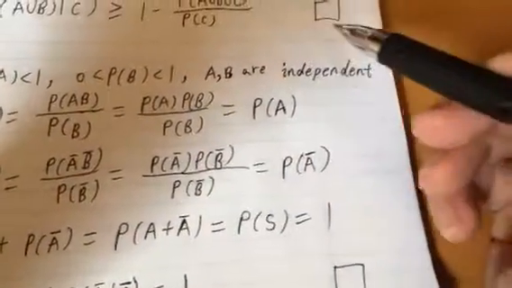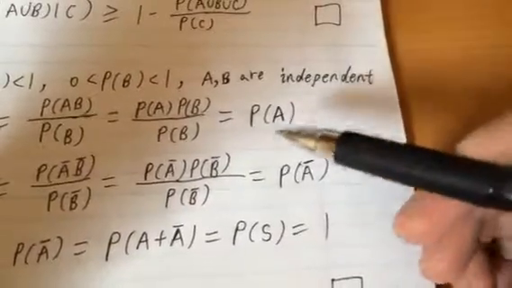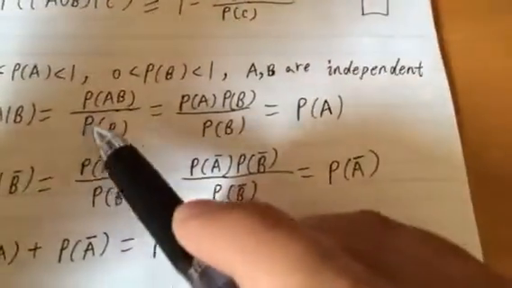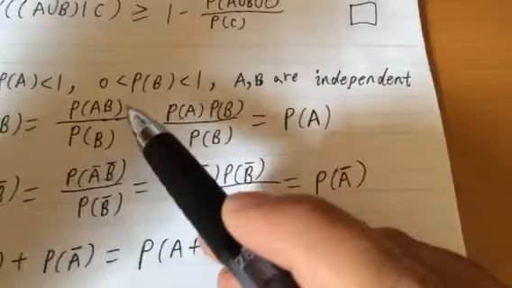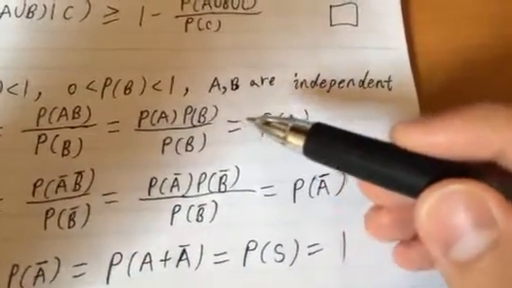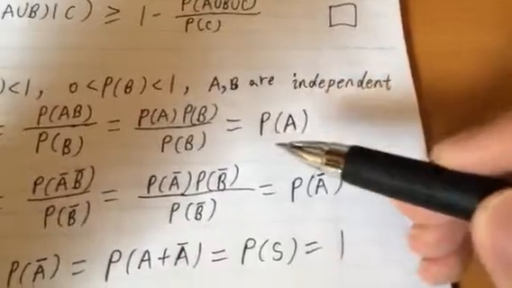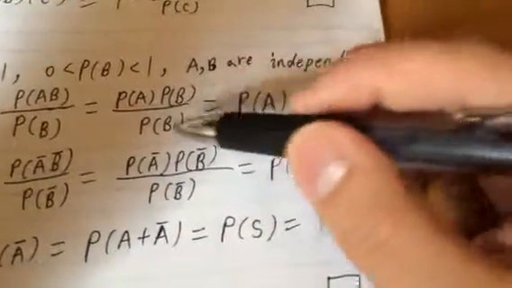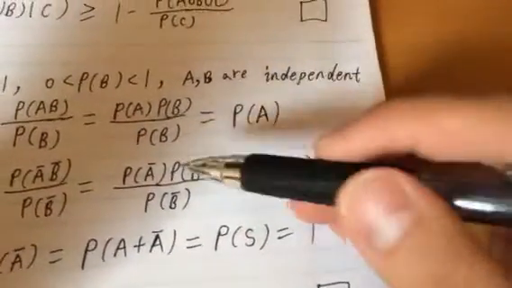And since A and B are independent events, we get that the probability of the intersection of A and B equals the probability of A times the probability of B, so we can just cross out the probability of B because they're the same.